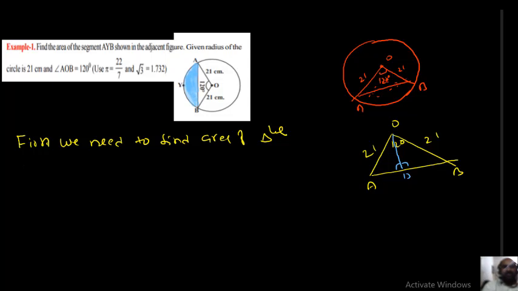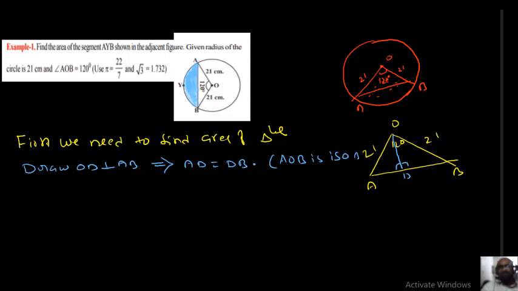Draw OD perpendicular to AB, which implies AD equals DB. The reason is AOB is an isosceles triangle. In an isosceles triangle, if the altitude is drawn between the equal sides, it is the median and the angle bisector, everything. So this angle becomes 60.